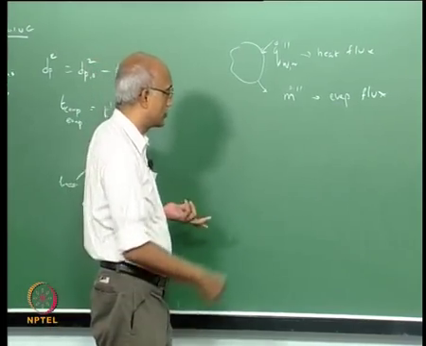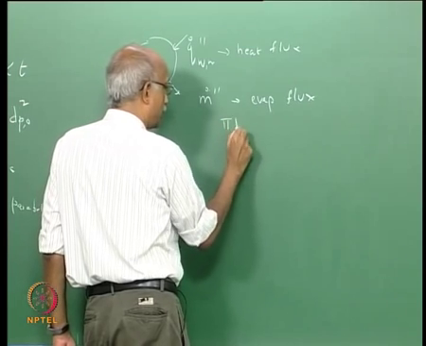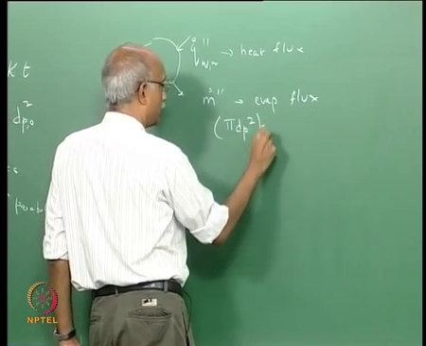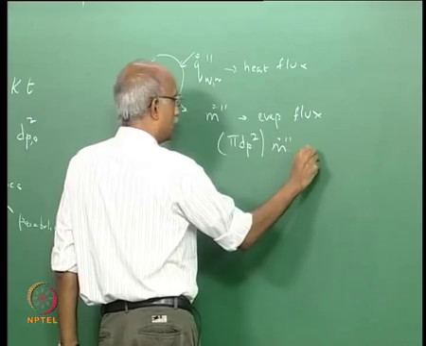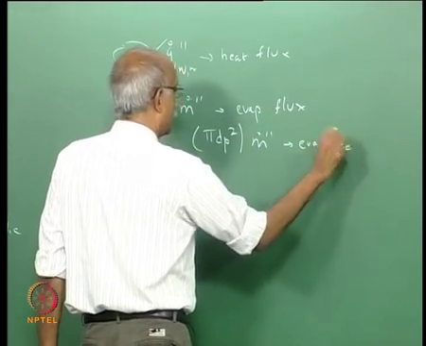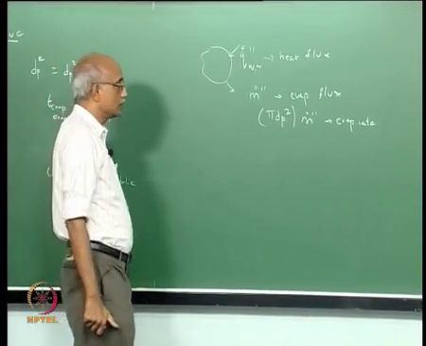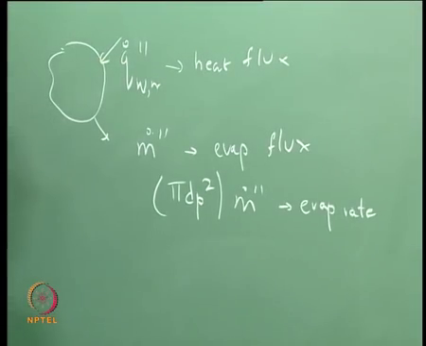And of course, if you take this m dot double prime and you multiply it by the diameter of the particle or droplet, that gives you the instantaneous evaporation rate at any time. Now, clearly then these two are related.